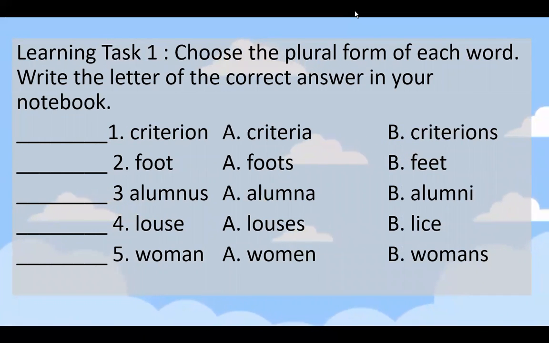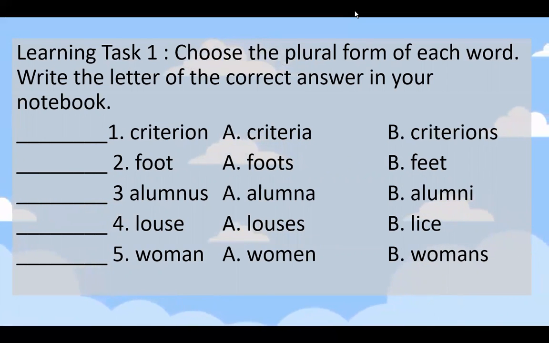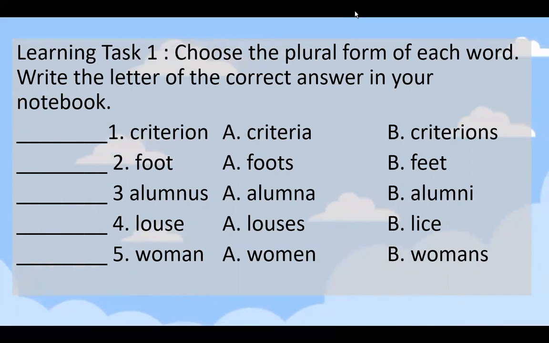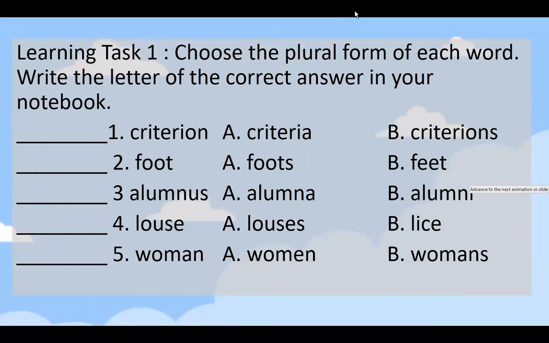The choices are A, louses, or B, lice. We have the fifth word, woman, and the choices are women or womans. Choose the correct irregular plural form for the given word. Okay?